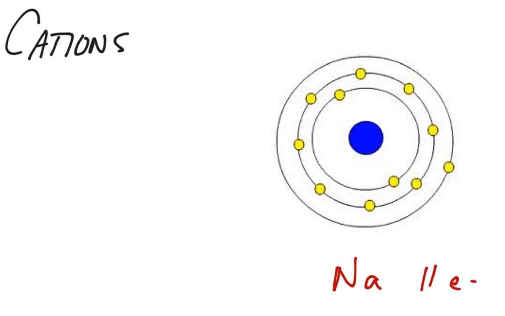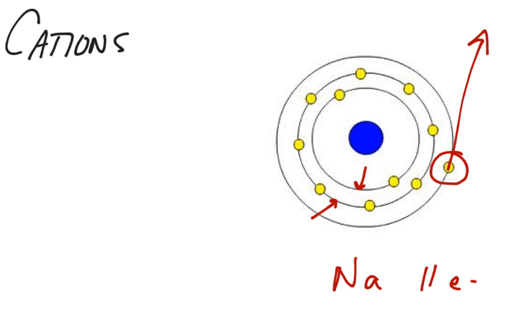Now, when we look at this Bohr model of sodium, we note that there are 2 in the first energy level, 8 in the second energy level, and then a single lone electron that makes up the third energy level. Sodium will donate or give away this one electron, and that electron will go away.